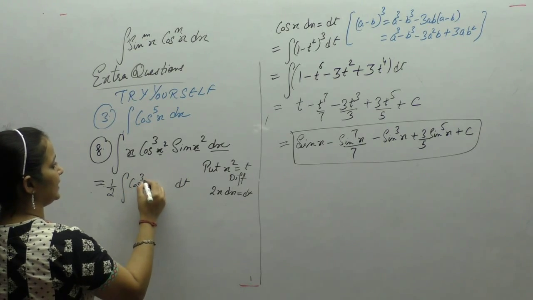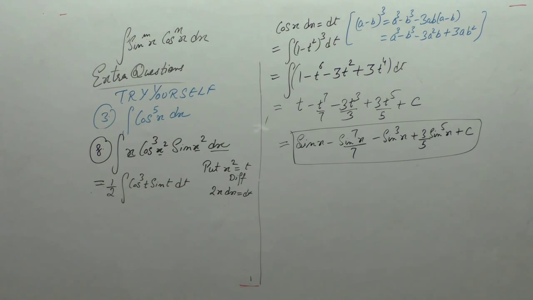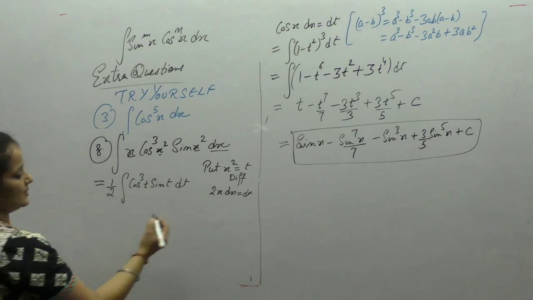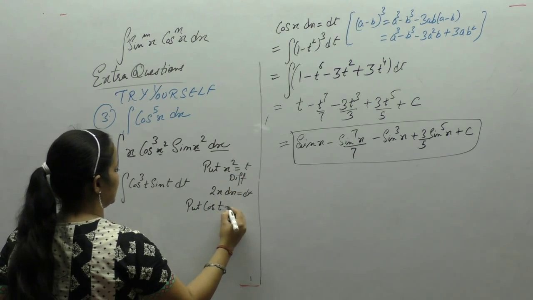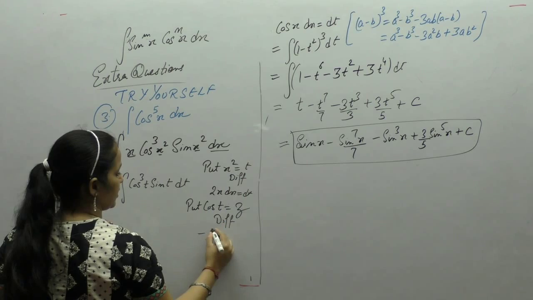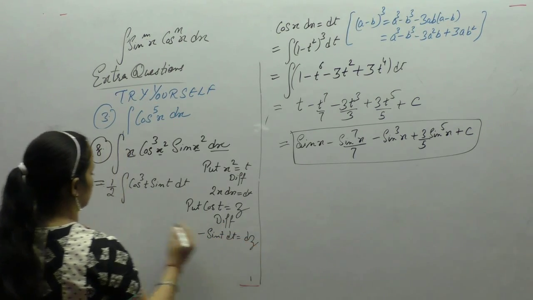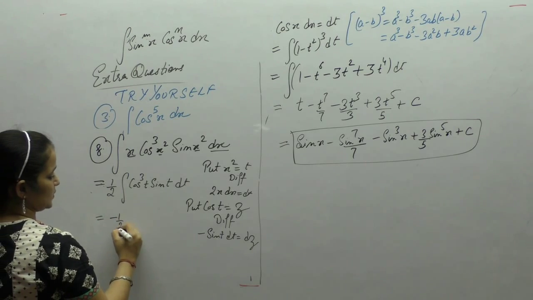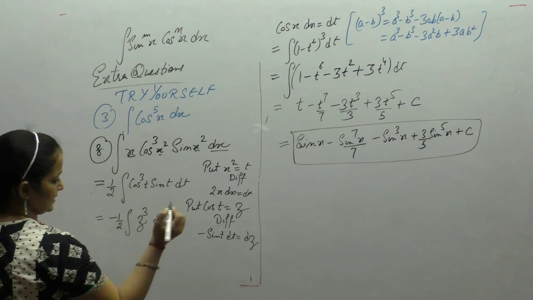Cos cube t sin t. Here the powers of sin and cos are both odd, so we put cos t as z, because we already used t for the substitution. Derivative of cos is minus sin t dt, which equals dz. Minus 1 by 2 z cube dz.